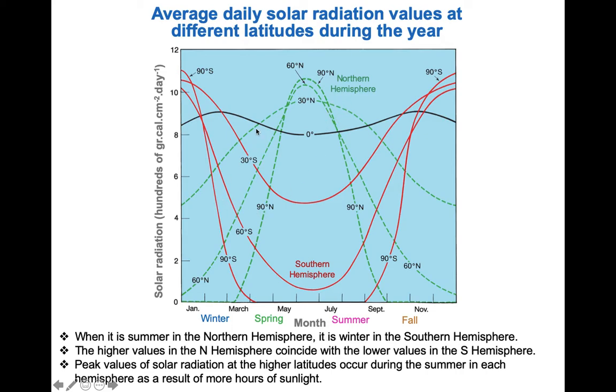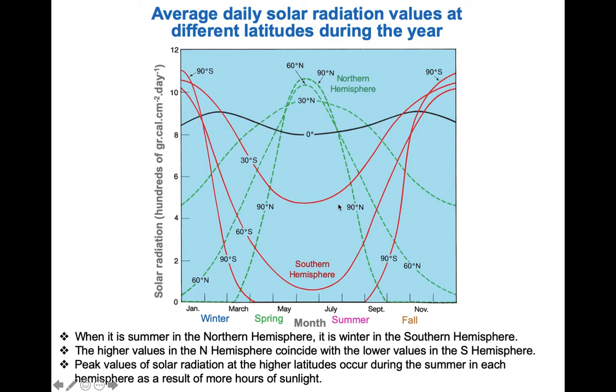As you go from mid-latitudes, about 30 degrees north, towards 60 degrees north, and then towards the 90 degrees north to the North Pole, you'll realize that the temperature changes and the solar radiation changes are extremely dramatic. And the peak values of solar radiation at the higher latitudes occur during the summertime, as you can see right here.